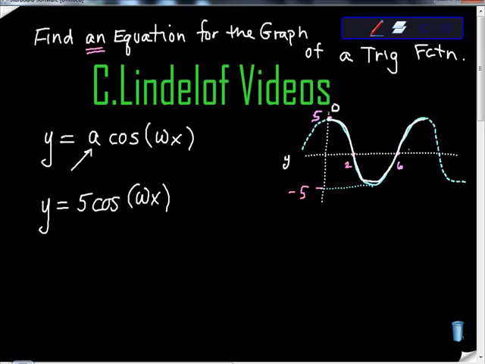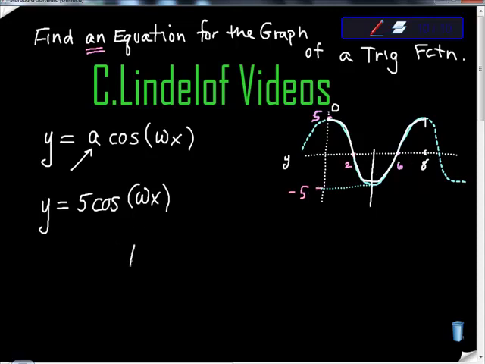From here to here is 2, and then we have 6 here. This is a line of symmetry. We know that trigonometric functions have symmetry, so this is the midpoint. 6 plus 2 is 8, divided by 2 is 4. So this point must be aligned with 8. So we have a period here of 8.